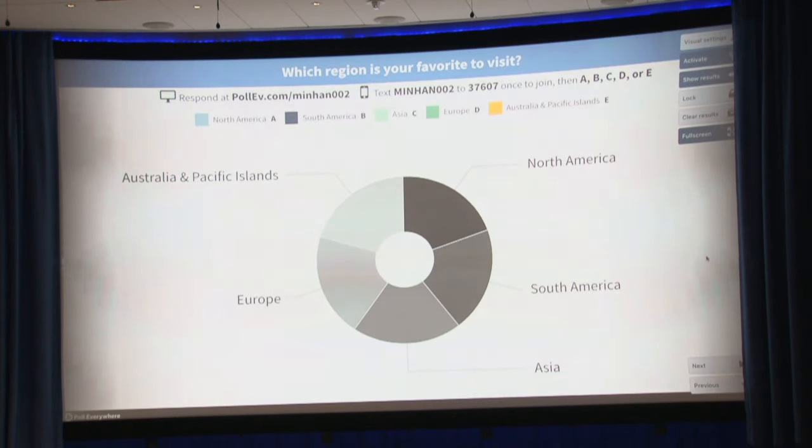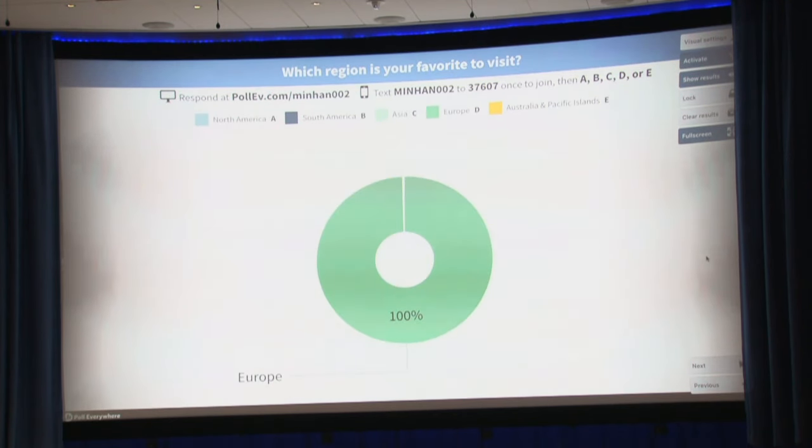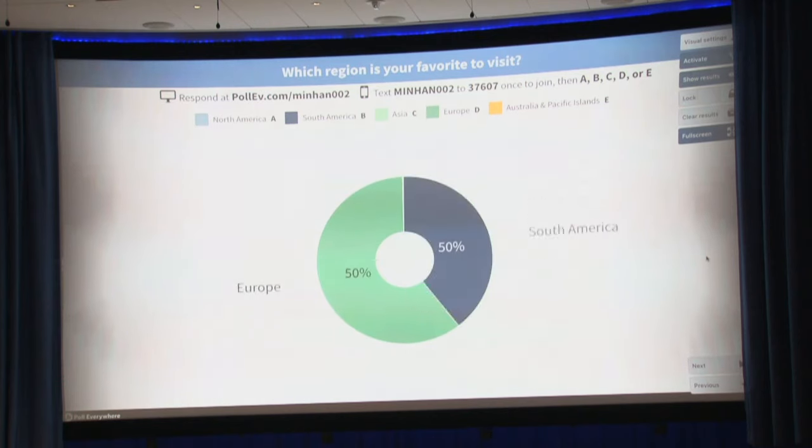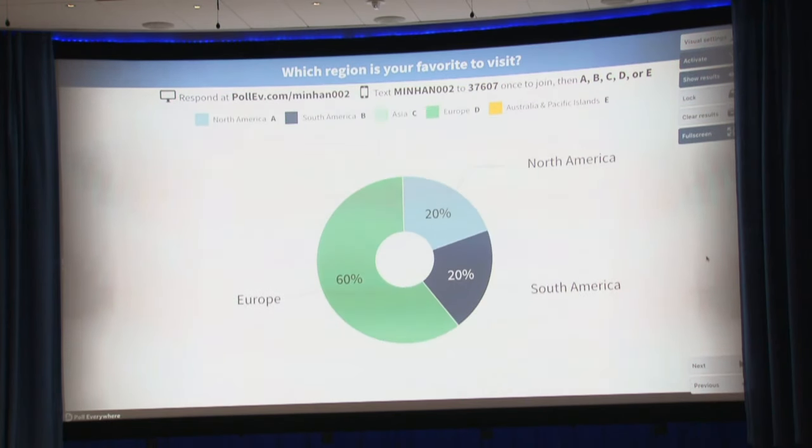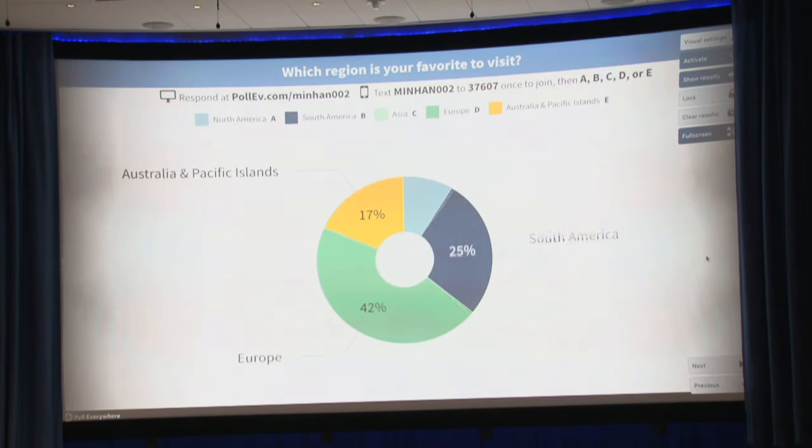So here you could see the result in a donut chart as well. Which region is your favorite to visit? So you can use a word map, you can use a donut chart. So you want to visit Europe, you want to visit North America, South America. Where else? Only these 3 regions? Nobody Africa, nobody Asia, nobody Australia?